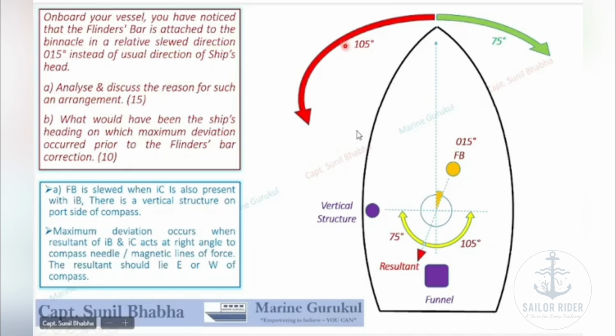Now, if you swing 105 degrees to port, the heading will be 255 degrees. So the second heading is 255 degrees. If the ship heads on 255 degrees, the resultant will be exactly east of the compass, generating maximum deviation.